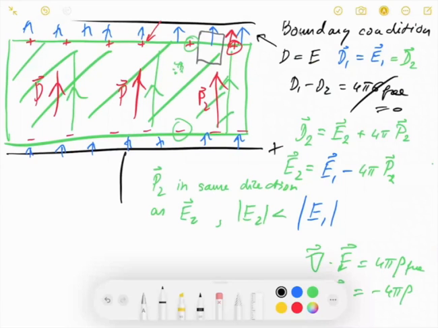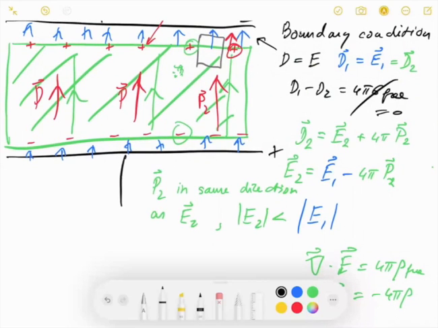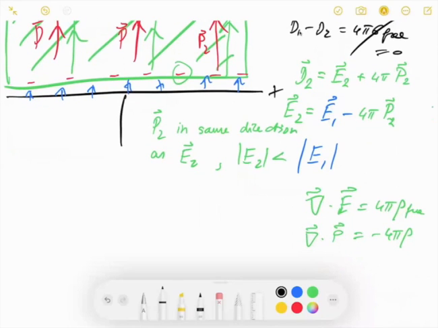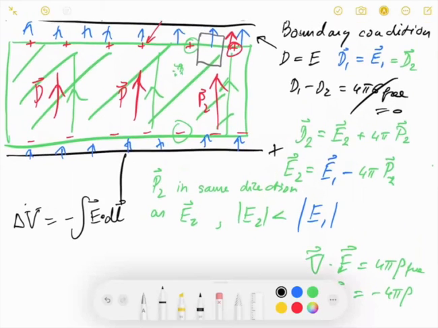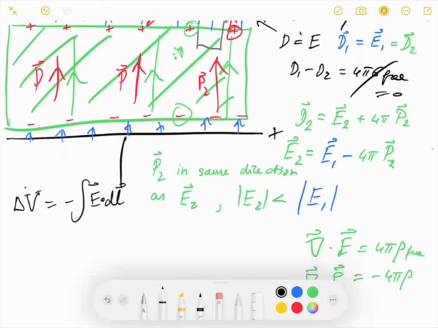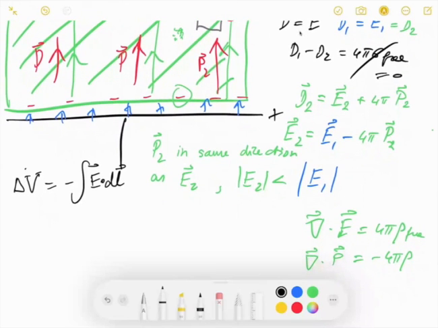So what does that mean for the potential? Well, this is kind of interesting. Remember that the potential is minus the line integral of E dL. So that's delta V. The electric field is smaller in the green region. So the capacitance, which is Q over V, if the voltage between the two plates is smaller for the same charge stored, then the capacitance actually goes up.